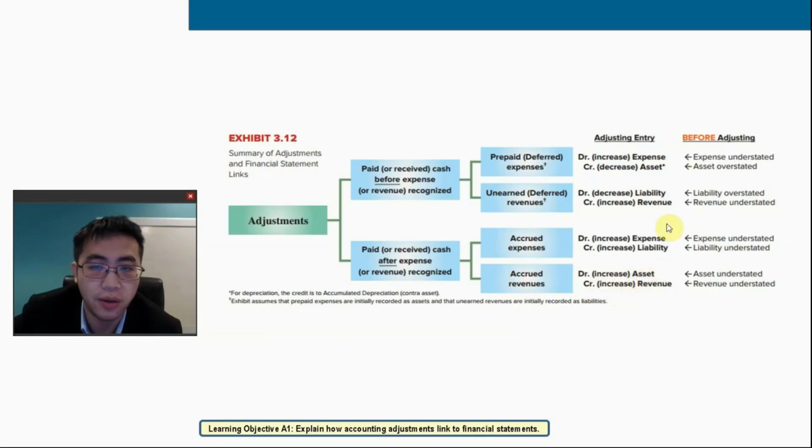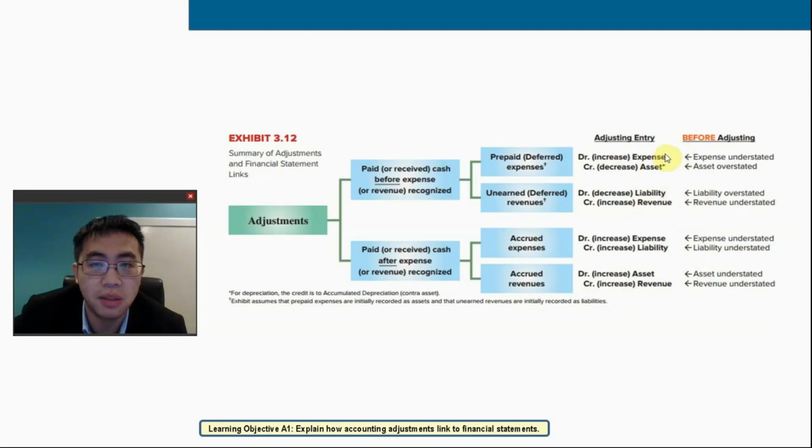Okay, and once again, revenue is a part of the equity. So when it increases, that's a credit. And on this side, you see that as time goes by, the expenses will be incurred and it will become more and more.